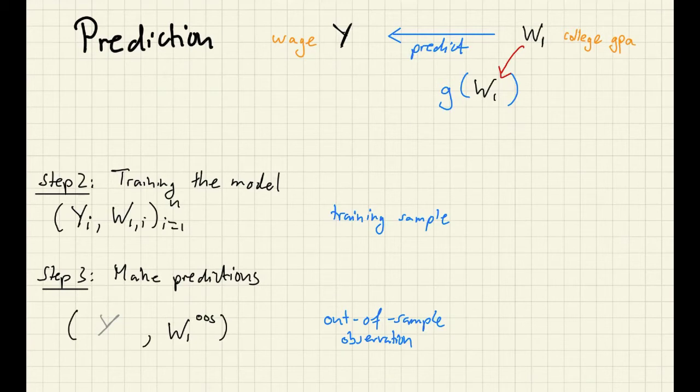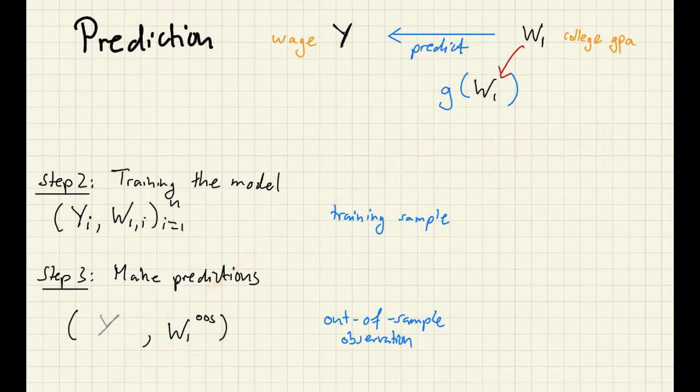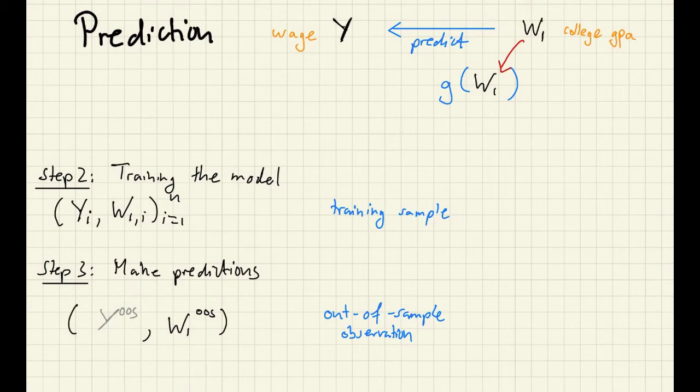Before this is revealed, we want to predict it, and to do that we'll simply plug this w1 into our function g, and this will be our prediction, and we hope that it will be close to the y that will be revealed in the future.